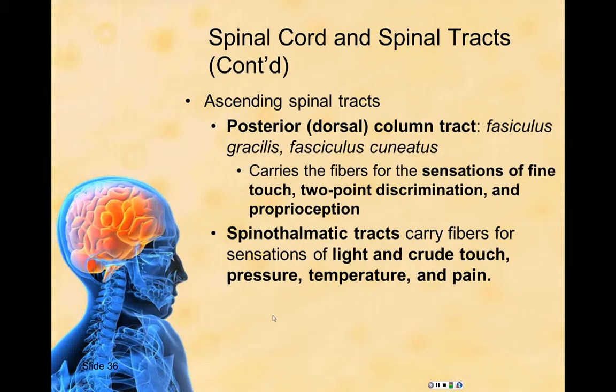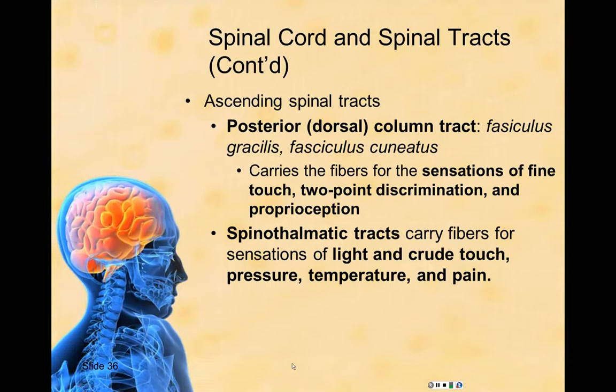Ascending spinal tracts are the posterior or dorsal column, carries the fibers for the sensation of fine touch, two-point discrimination, and proprioception. The spinothalamic tracts carry fibers for sensation of light and crude touch, pressure, temperature, and pain.